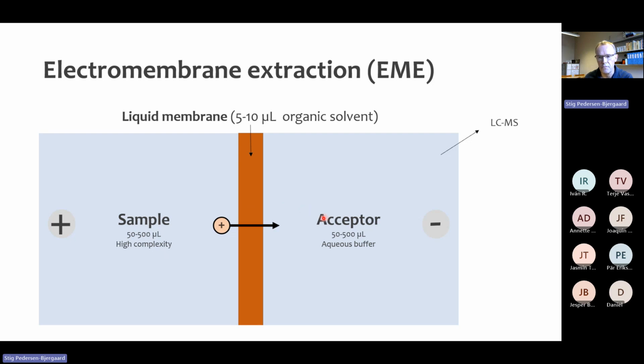The driving force for the mass transfer is an electrical field which is sustained across the liquid membrane. After extraction, we can pick the acceptor and analyze directly by LCMS or related techniques, because the acceptor solution is purely aqueous.